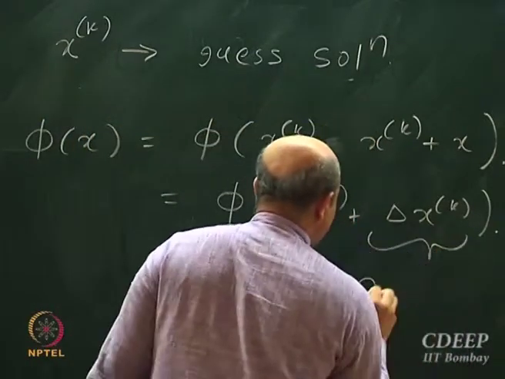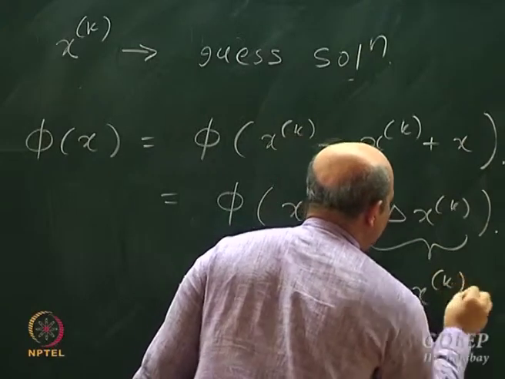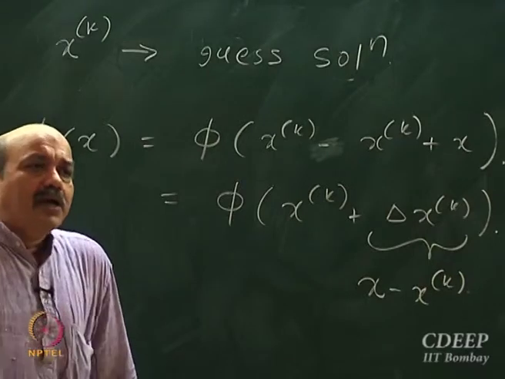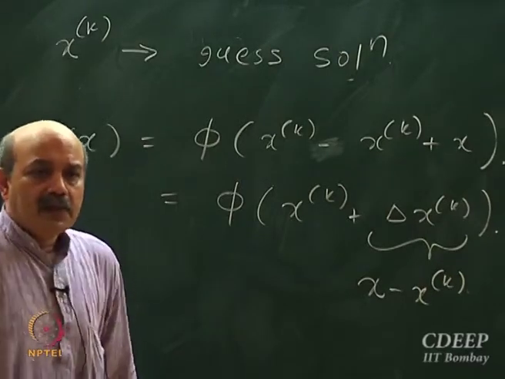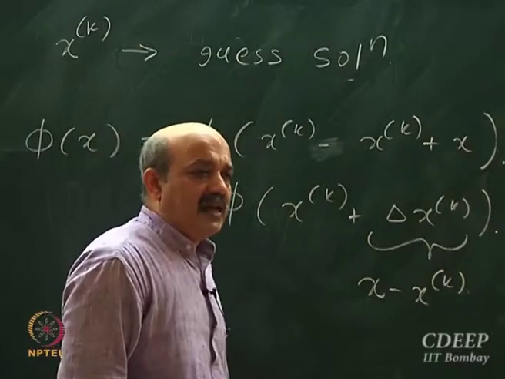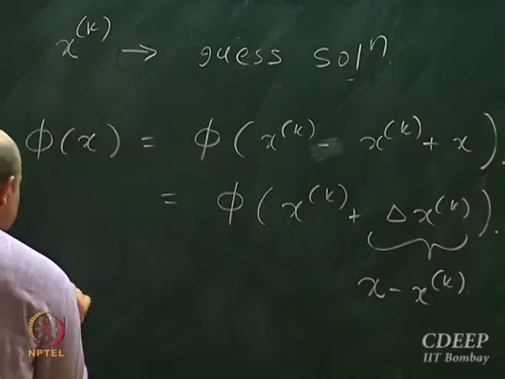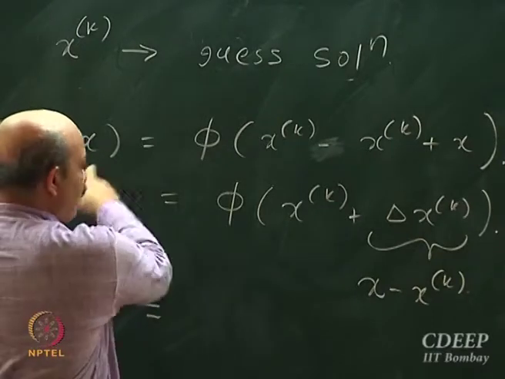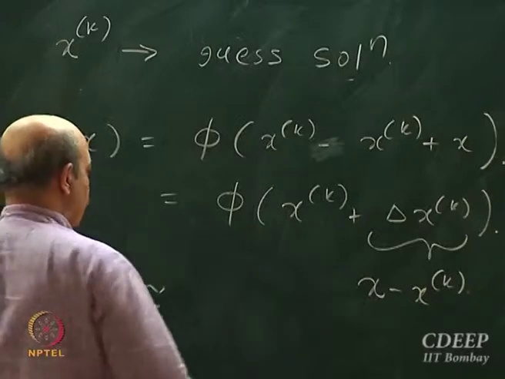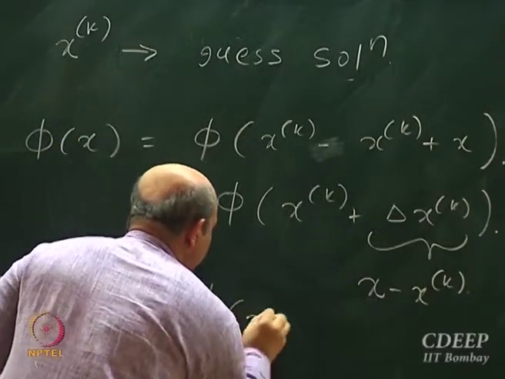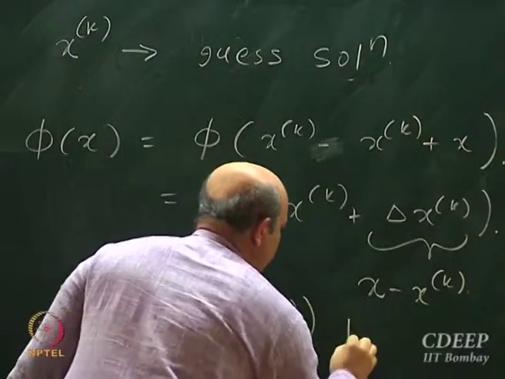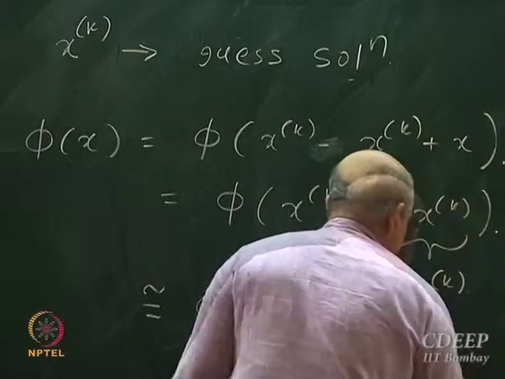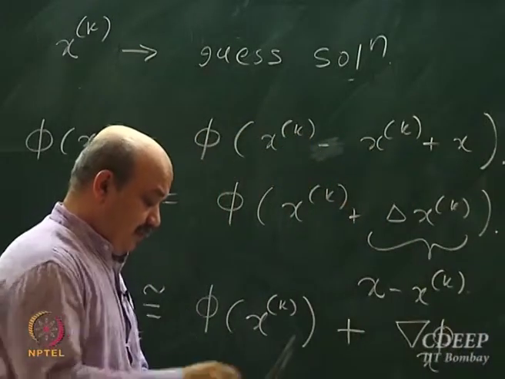So this is my x minus xk. This is delta xk. If I do a Taylor series approximation in the neighborhood of xk, phi of x is approximately equal to phi at xk plus grad phi. So let's develop a notation.